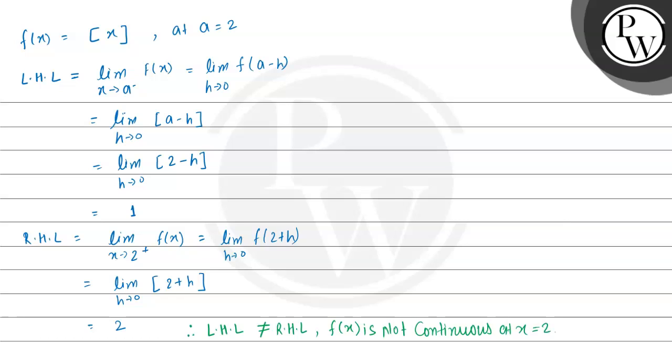So now we will check for differentiability. Again, the given function is f of x equal to greatest integer function of x at a equal to 2.